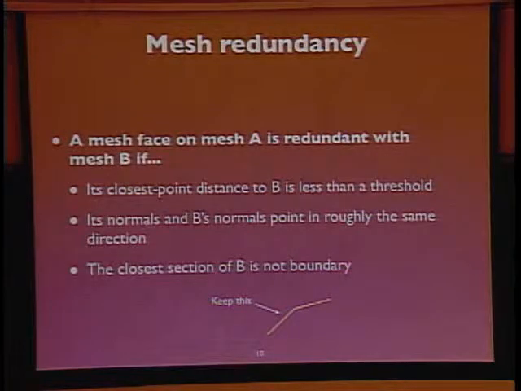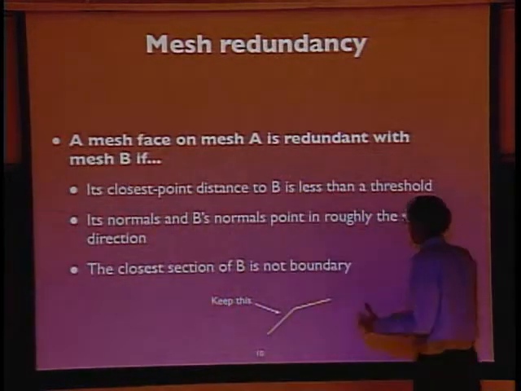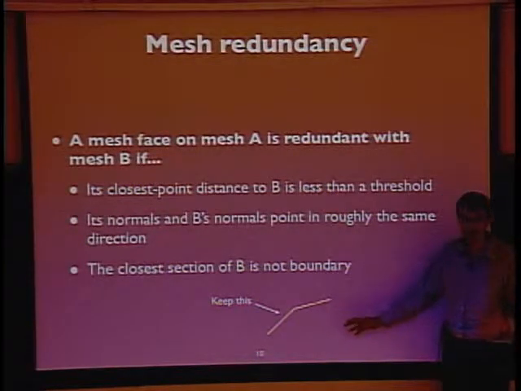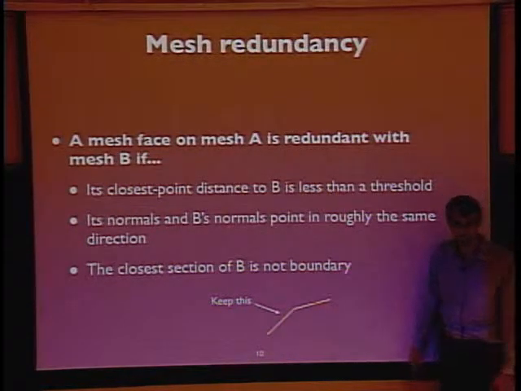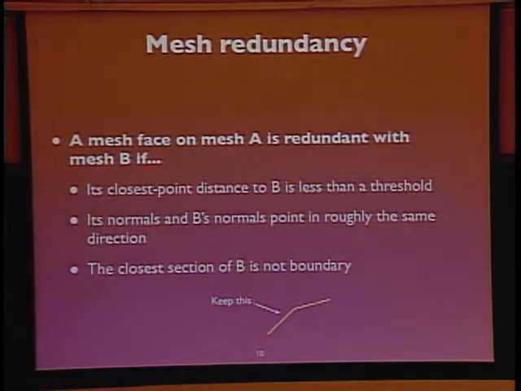And furthermore, if it looks like that part of the surface has surface normals that are nearly identical to the other part of the surface that it's closest to, then it also appears to be redundant. And also, it can't be part of the boundary, which is to say where the object stops. So this is basically saying that if two parts of the surface, two distinct data sets in your representation of the surface, look a lot alike, one of them is redundant. These are fairly simple ideas.